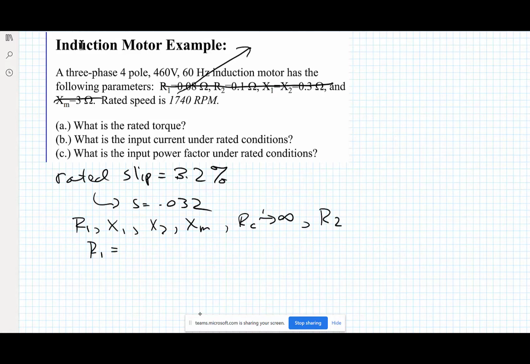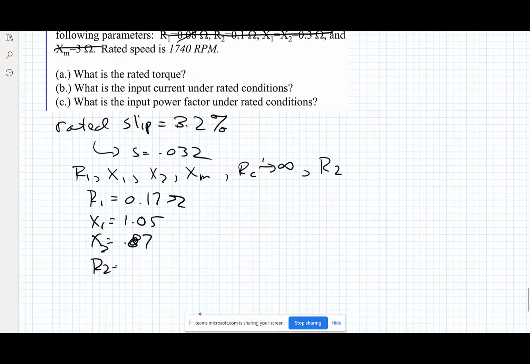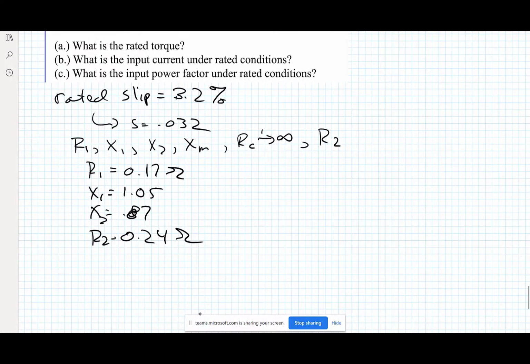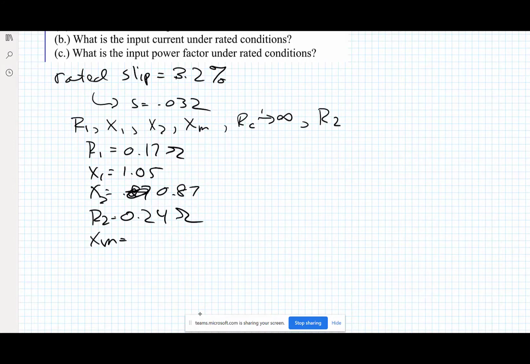R1 is 0.17 ohms, X1 is 1.05, X2 is 0.87, R2 is 0.24 ohms, and XM is 82 ohms.